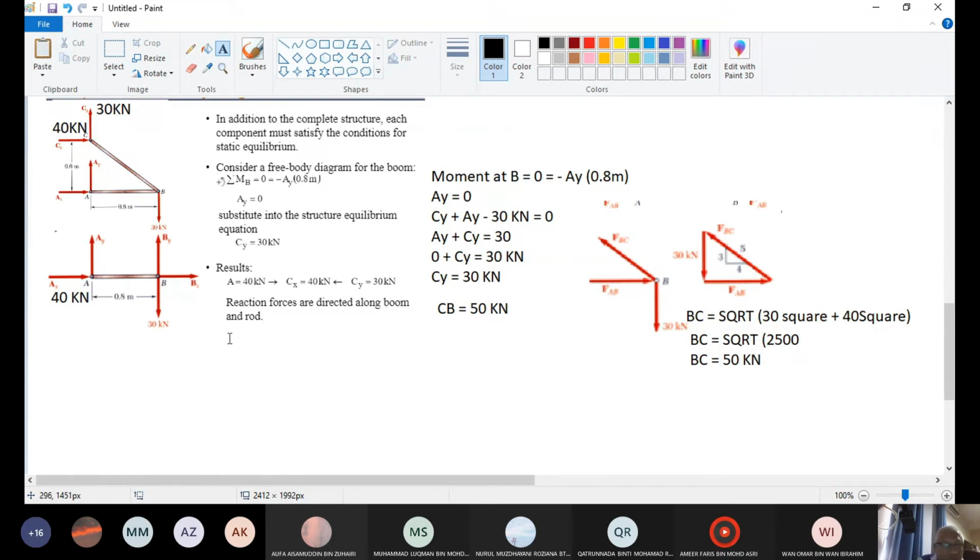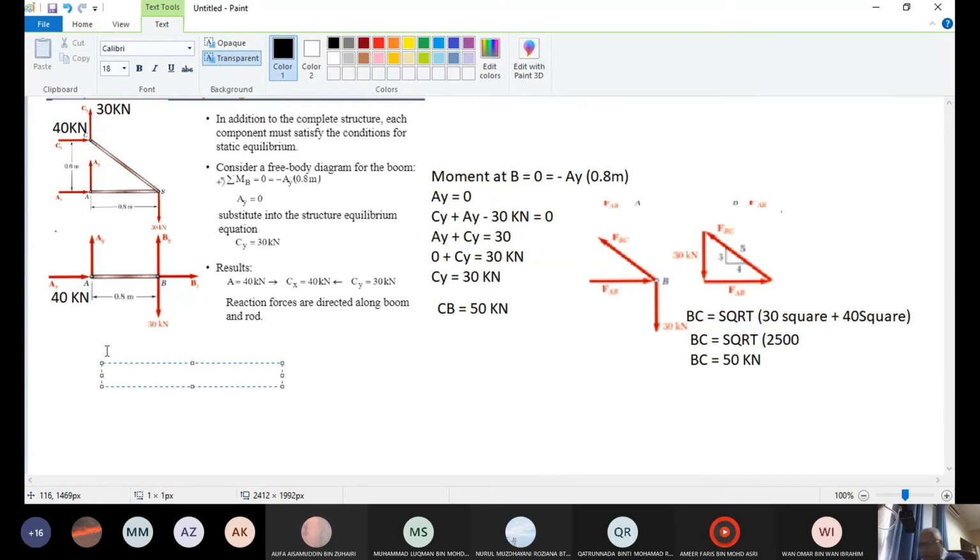Now what do we have? We have all the forces at all the members. By doing this free body diagram, resolving all the forces to the reaction force, we now have the forces on each.